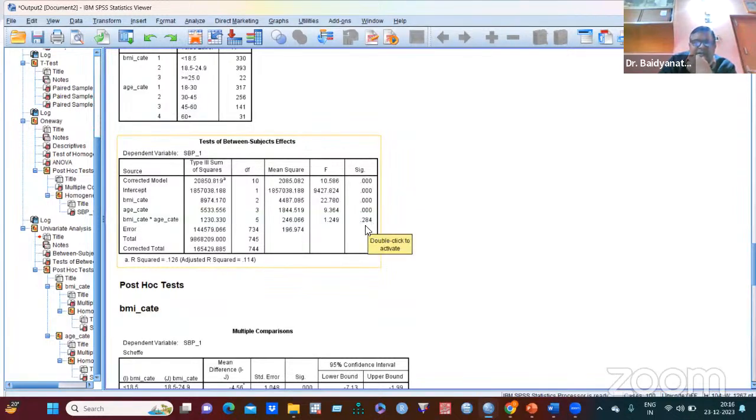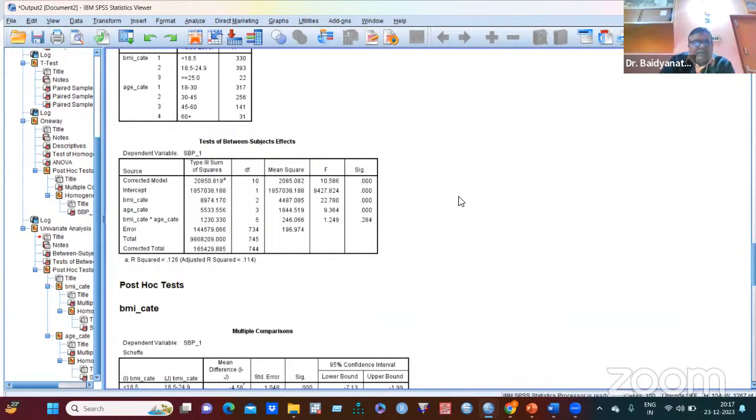So from this analysis, we can say BMI has a significant effect on systolic blood pressure. Age category also has a significant effect on systolic blood pressure, but their interaction has no effect.